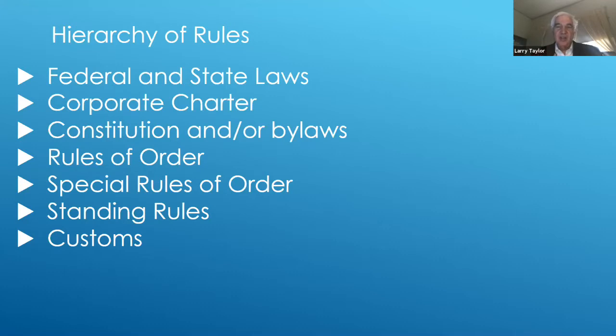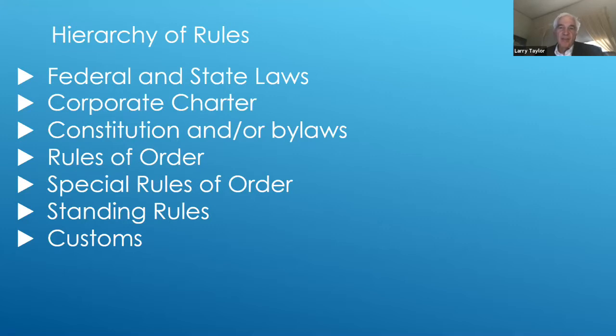We're a unique country in that we were founded based on the rule of law as opposed to how most countries are founded. Below that, you have a corporate charter, and then below that, you have a constitution and or bylaws. Constitutions are usually found in older governing documents, and typically what you find now is just a set of bylaws.